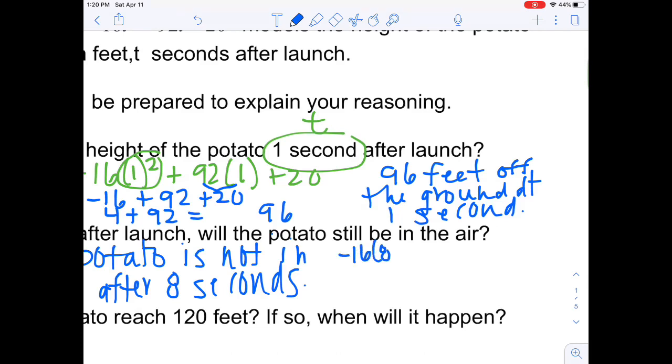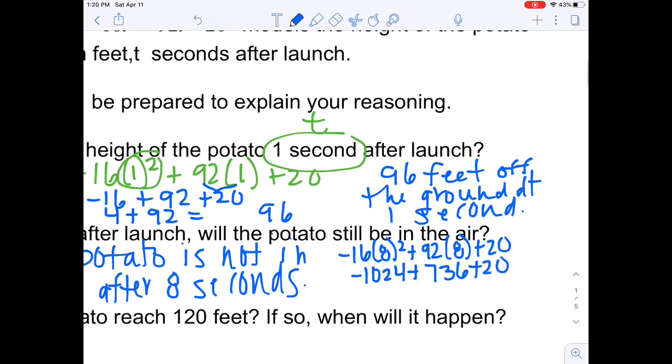I can also prove it by putting the 8 in for t and seeing what our answer is. Negative 16 times 8 squared plus 92 times 8 plus 20. 8 squared is 8 times 8, which is 64, and 64 times 16 is negative 1,024. Plus 92 times 8, I'm using my side calculator here, is 736, plus 20.